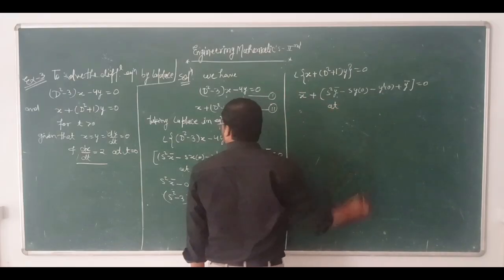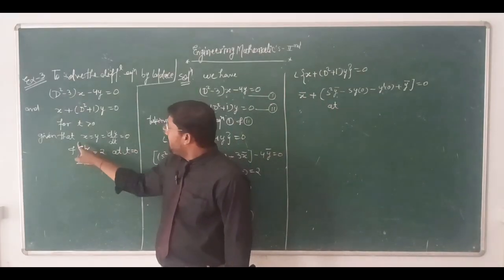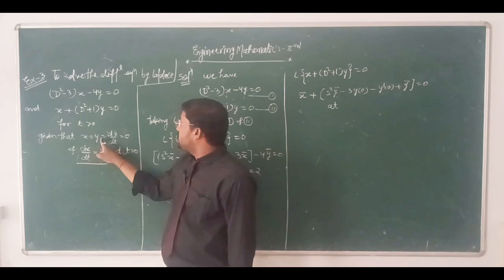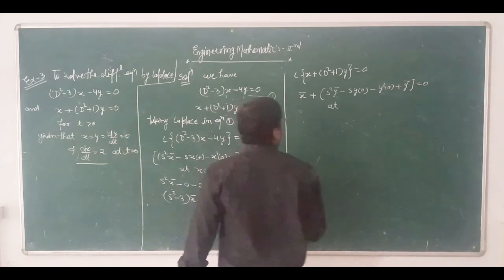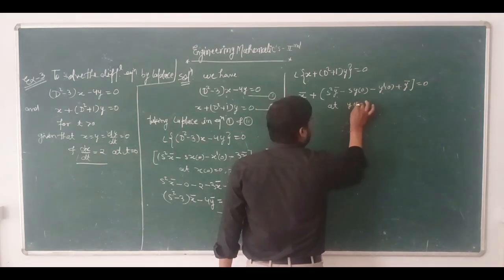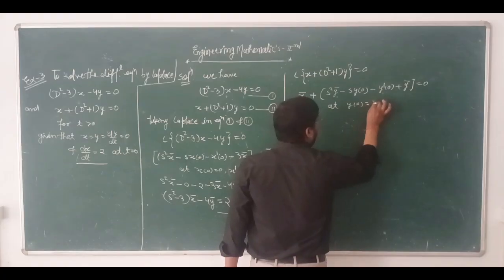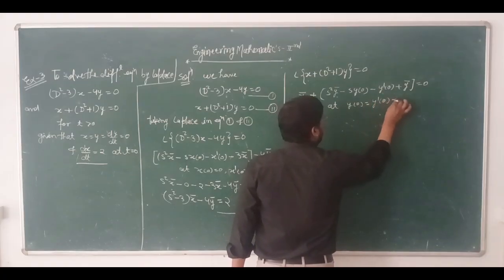At the given condition, x is equal to y is equal to dy upon dt means 0, at y(0) is equal to y dash(0) is equal to 0.